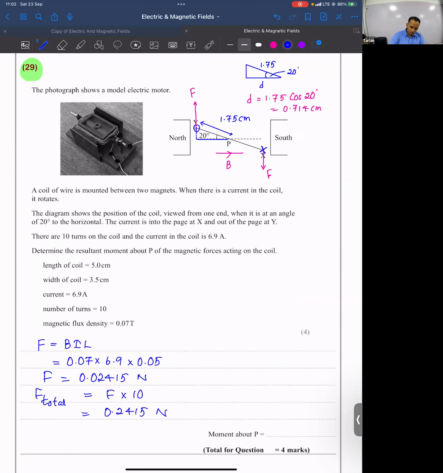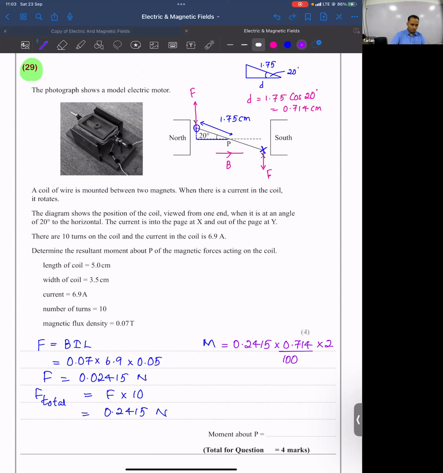The moment caused by one of these two forces will be 0.2415 multiplied by 0.714 divided by 100 to convert centimeters to meters. That is the moment caused by one of the two forces. There are two forces like that, so I'll multiply that by 2. Correct? This force is causing an anticlockwise movement, and this is also causing an equal amount of anticlockwise movement.